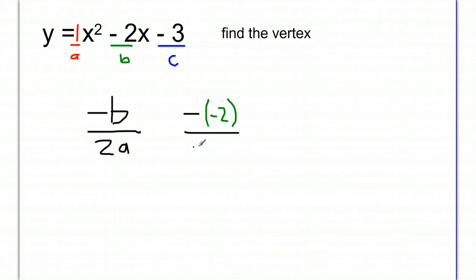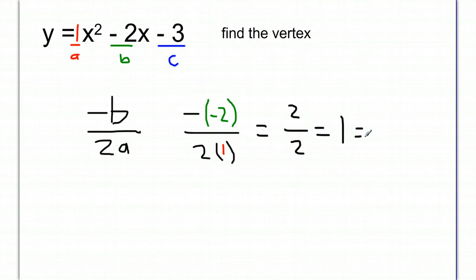So negative 2 over 2 times 1. A is equal to 1. We have negative 2 over 2, which boils down to positive 2 over 2 times 1 is 2. 2 divided by 2 is 1. So that is the x value of our vertex.